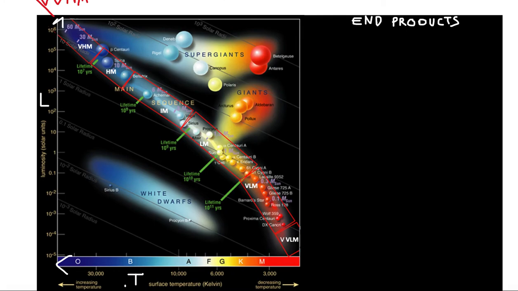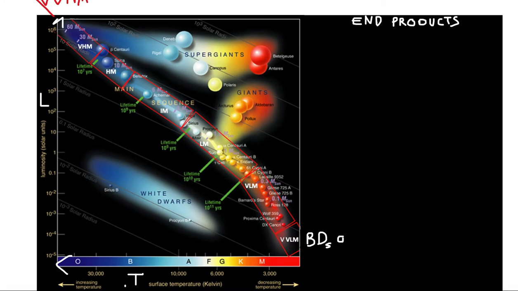Let's start with the bottom right corner. The bottom right corner has our least massive stars, these VLMs. These are otherwise known as brown dwarfs, so I'm going to label them as BDs. Now, brown dwarfs are bigger than a planet, but not as big as a star, so I'm just going to draw a circle there to indicate the size that it is sitting on the main sequence.